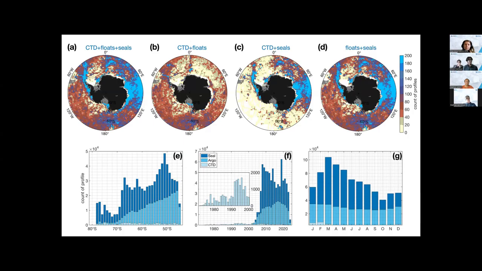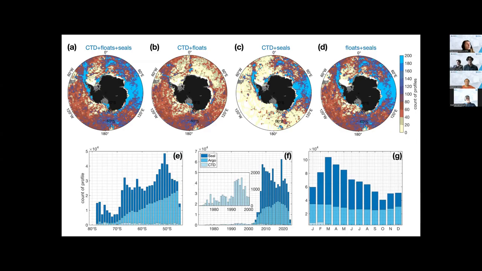So we collected these profiles and we standardized them, and the top plots are showing the distribution of the profiles within a 100 kilometer by 100 kilometer box, and the color is showing the count of the profiles.